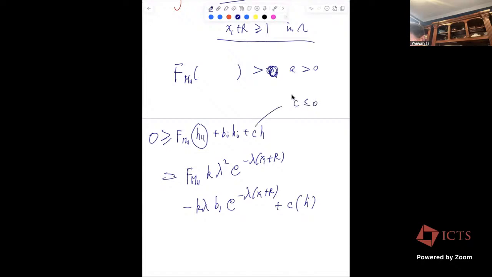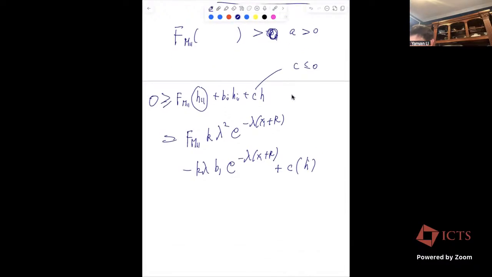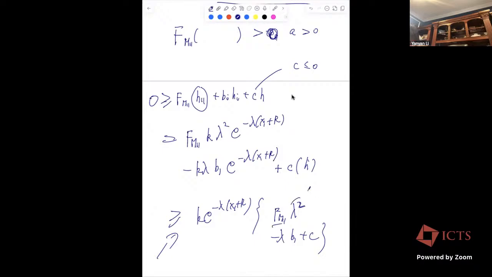C is less or equal than 0. To organize here a little bit, okay, one is supposed to get something like this: your F_M11 lambda square minus lambda B1 plus C. So I messed up here a little bit. So then you make lambda very, very large. This will be bigger than 0, contradiction.